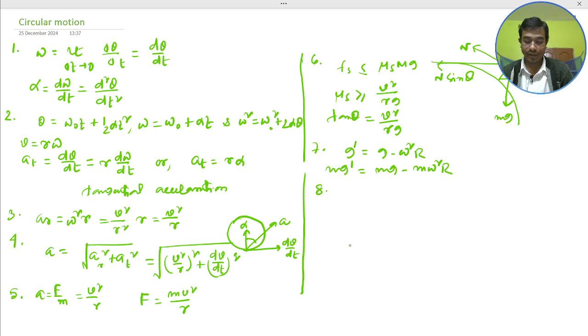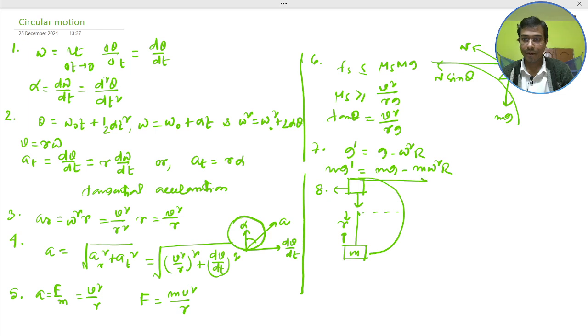Suppose this is the system here with a mass, and this is R. Here this is a body with directions.